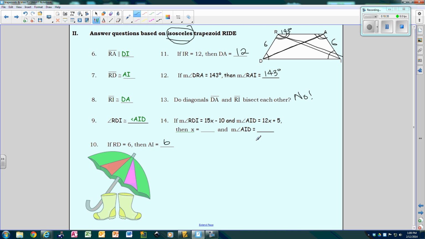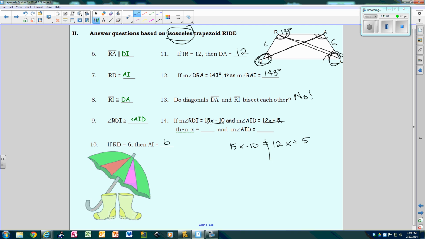All right, now here is one with some algebra. So if our measure of angle RDI is 15x minus 10, and AID, which is this angle here, we already said they're congruent to each other, so I'm just going to set this congruent to this. So 15x minus 10 is equal to 12x plus 5.